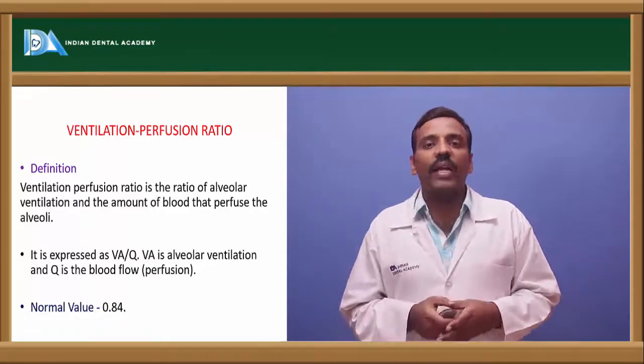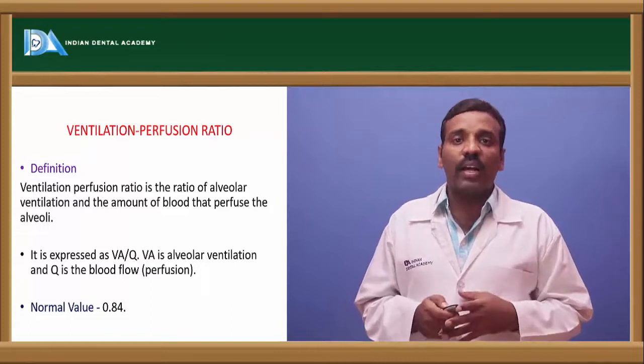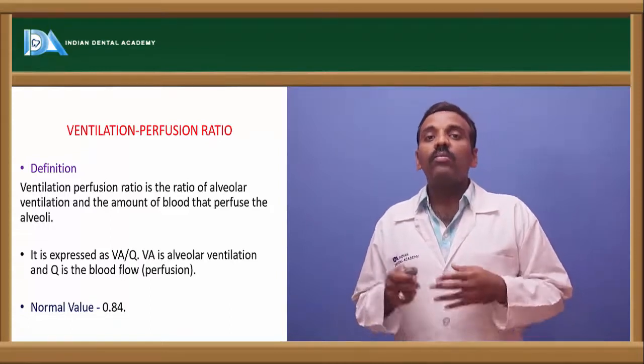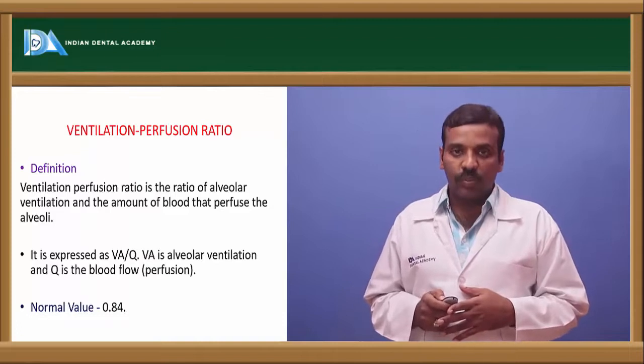This is about 0.84. 0.84 is the normal ventilation perfusion ratio.